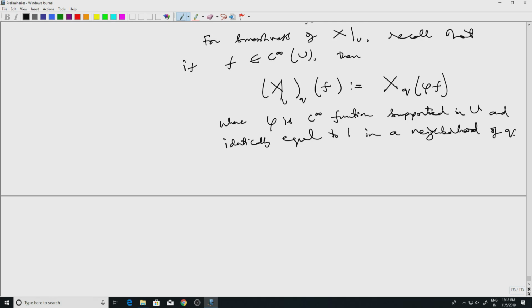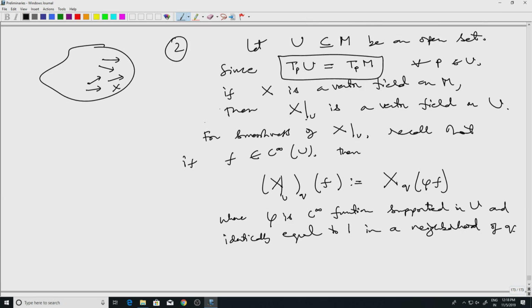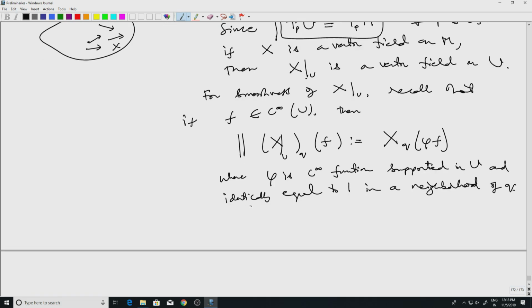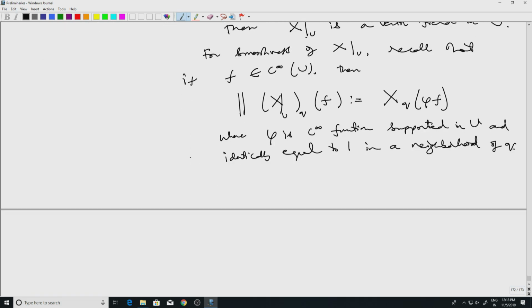This will immediately imply that what I have written here is just the definition, the identification that we have. So I just spelled out this identification explicitly. And if one wants to actually check smoothness, one goes by this identification. So I won't go into that.